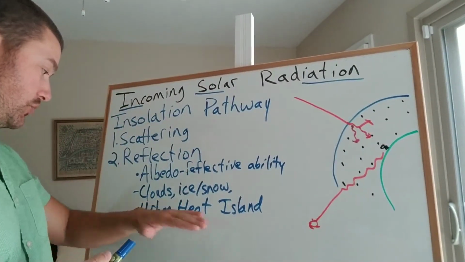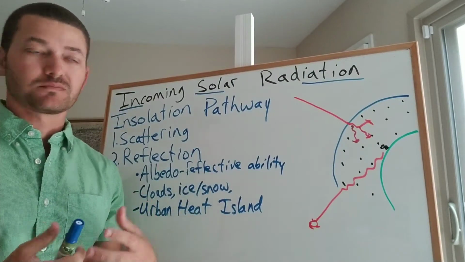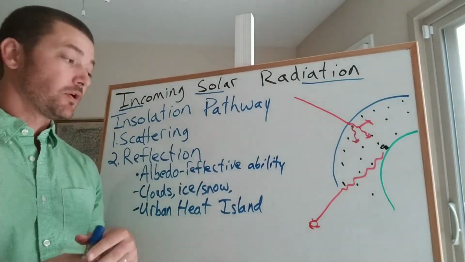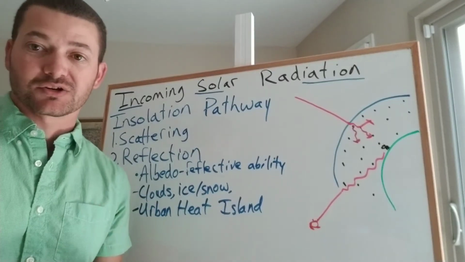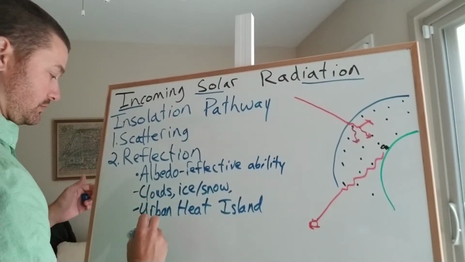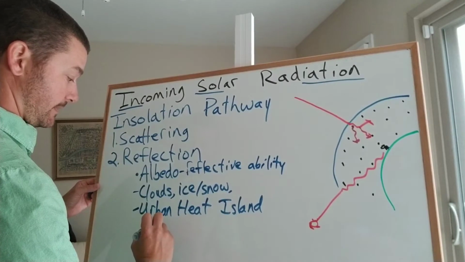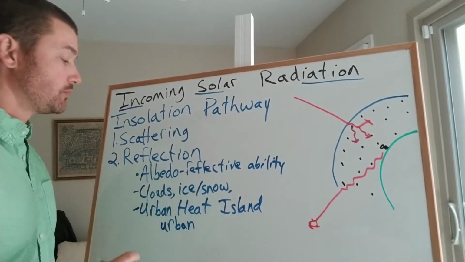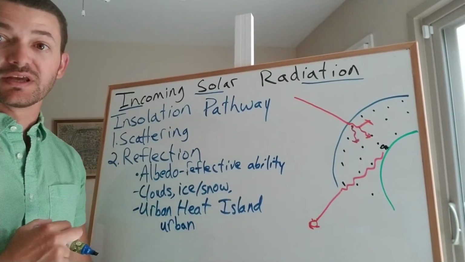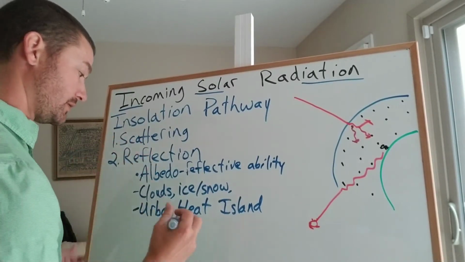So because of the materials that structures are made out of, urban areas are warmer than nearby non-urban areas, natural surfaces. So built environments are warmer because they absorb more energy and reflect less.